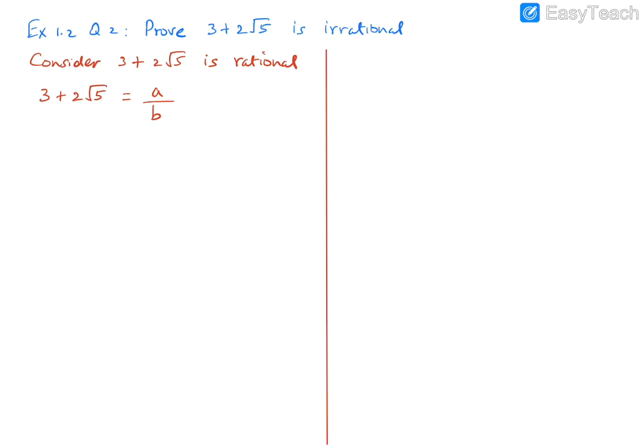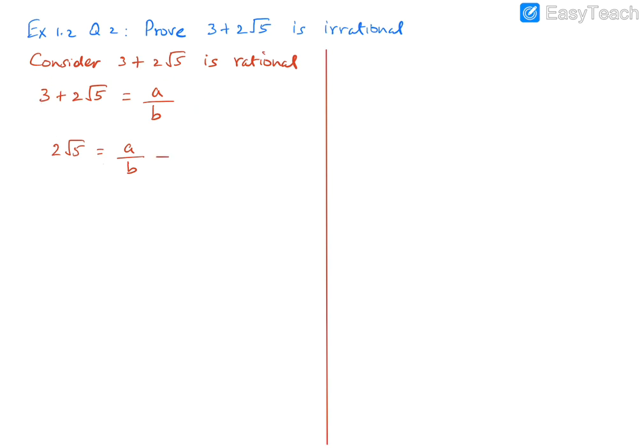Now we can rewrite this expression as 3 plus 2 root 5 equals a by b. I'll just rewrite this in a different way. We'll keep the 2 root 5 on the left hand side. On the right hand side we have a by b, and we'll also take the 3 to the other side.